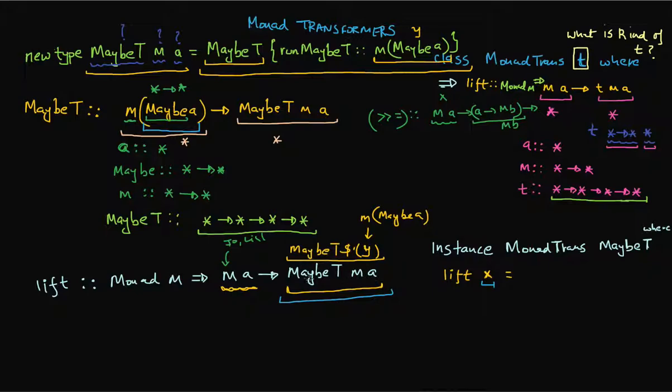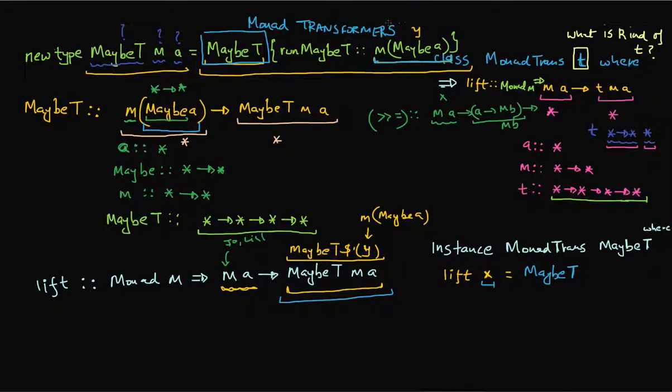All right, so how do I create a value of maybeT of ma? In order to create a value of type maybeT ma, I need to invoke my type constructor, MaybeT, and this type constructor needs to take in as a value something of type m of maybe of a.